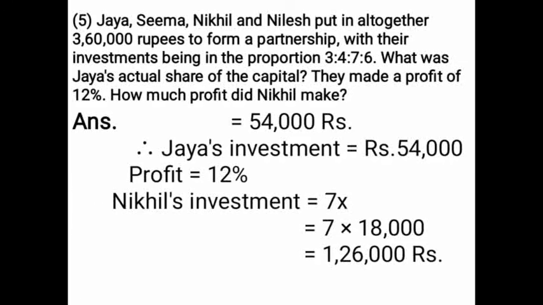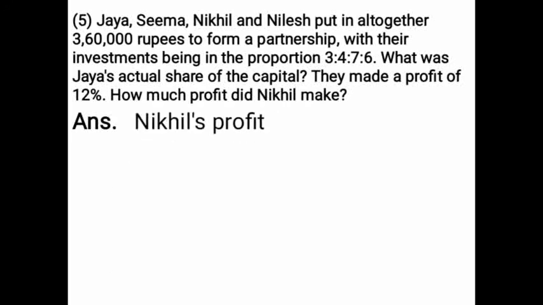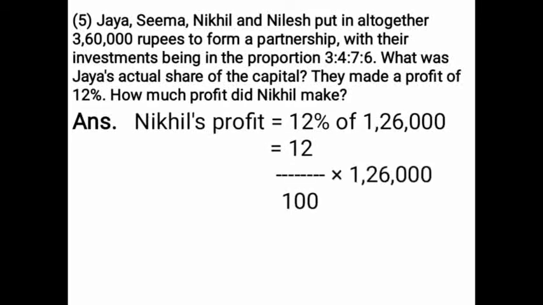That is equal to 1,26,000 rupees. Therefore, Nikhil's investment is equal to rupees 1,26,000. Now we will find Nikhil's profit. Nikhil's profit will be 12% of Nikhil's investment. That is 12 upon 100 into 1,26,000.